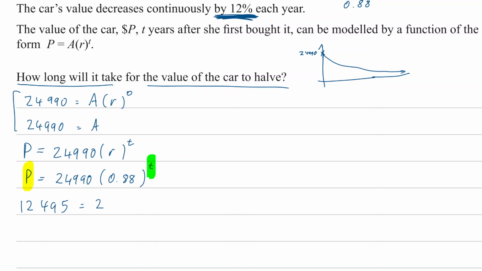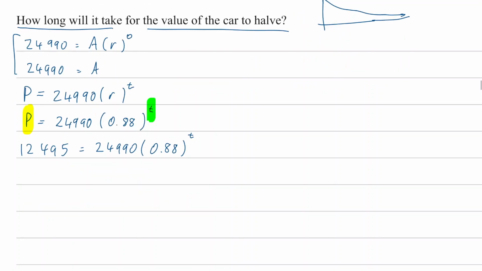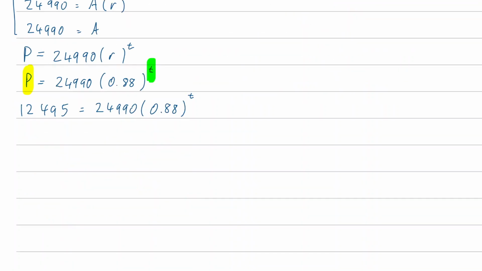And we're looking for t. So here we have one equation, one unknown. That's good news, we can solve. I'll show you how to solve it using logs, which is the preferred algebraic method, but I'll also show you how you can solve it using your calculator.